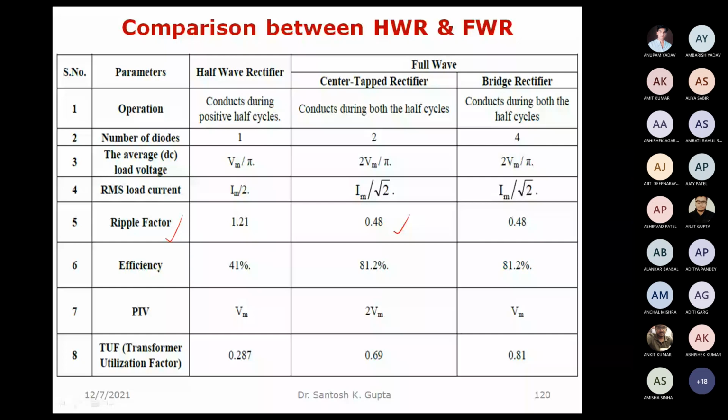Efficiency has almost doubled, and TUF is also increased. TUF for the half wave rectifier was 0.287, whereas for the full wave rectifier it is 0.69. For center tap, this is the average value.